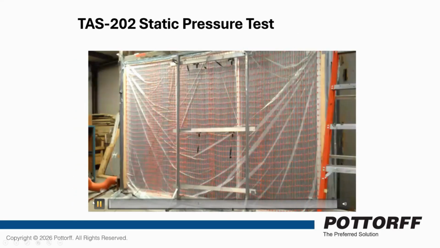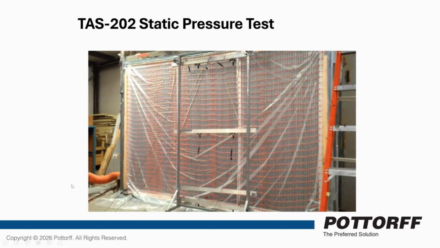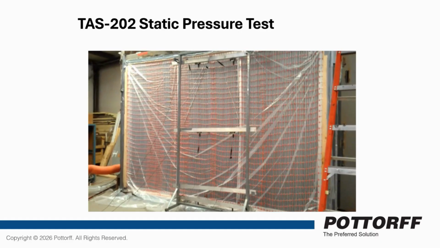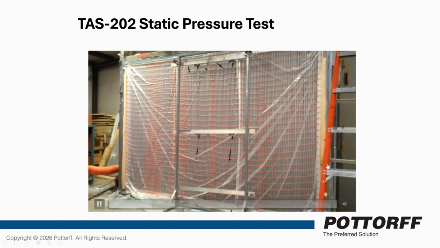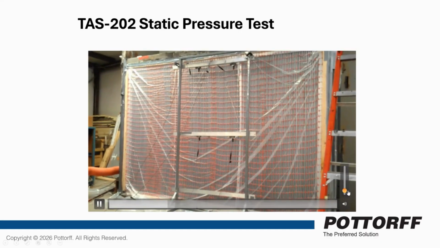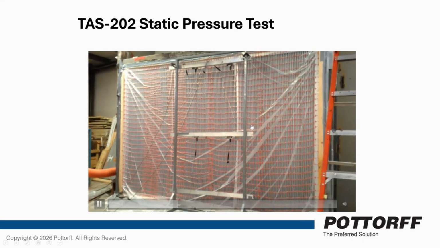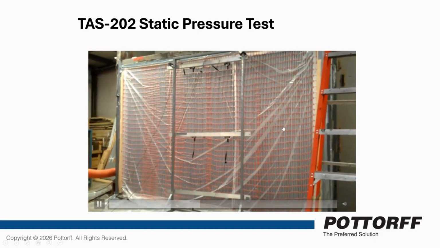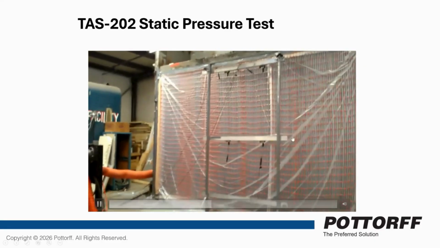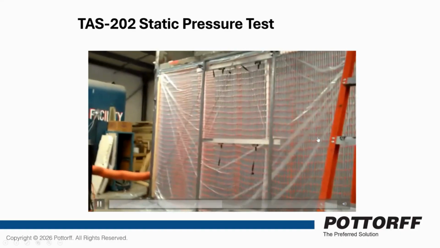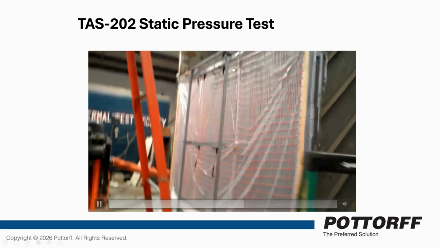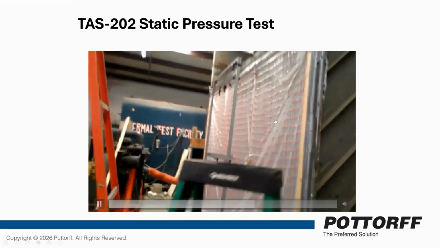Here, this one is exciting. This is that bucket test. This is a fan ramping up. It's difficult to see, but that bag is actually pulling that louver in towards that wall right now. You can start to see the bag tightening, and those jambs, this louver is deflecting.